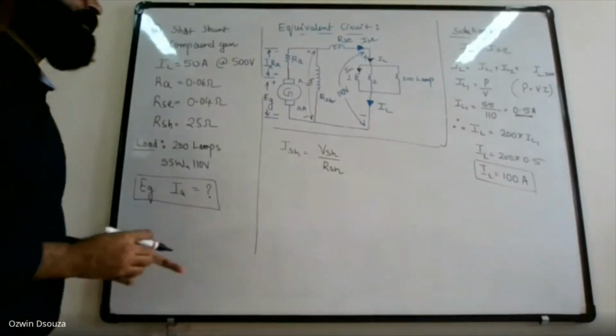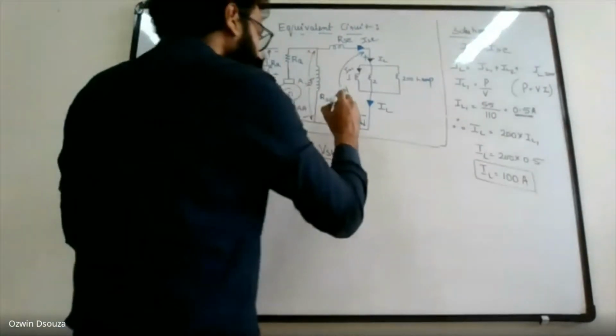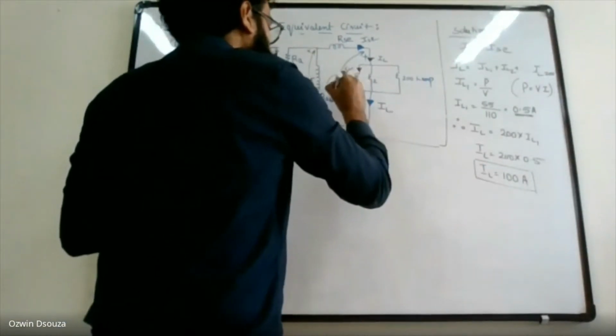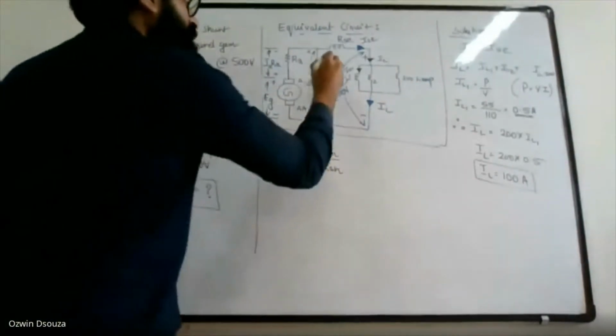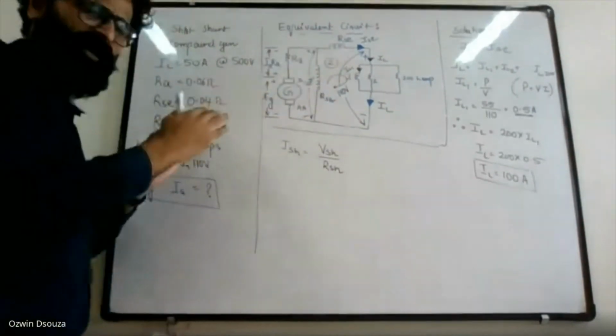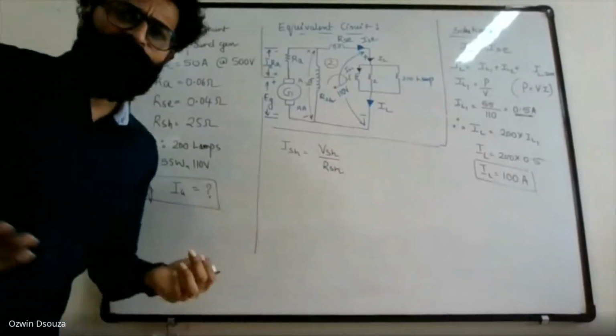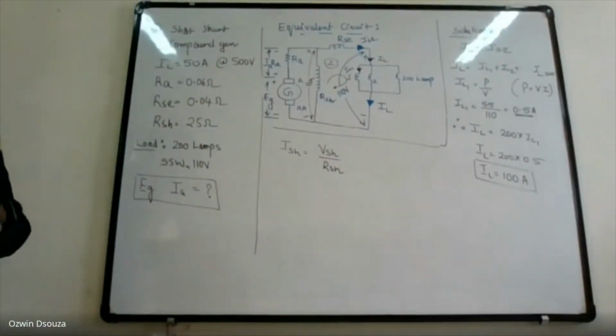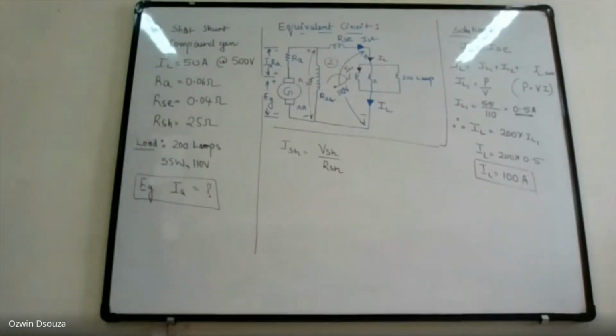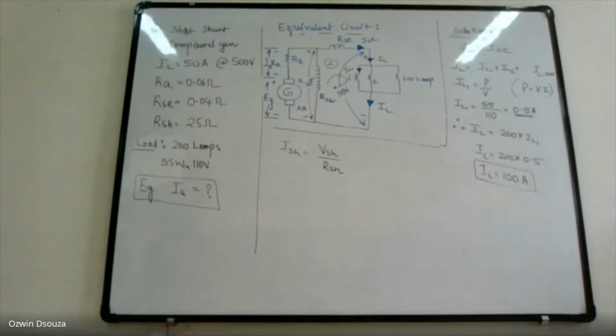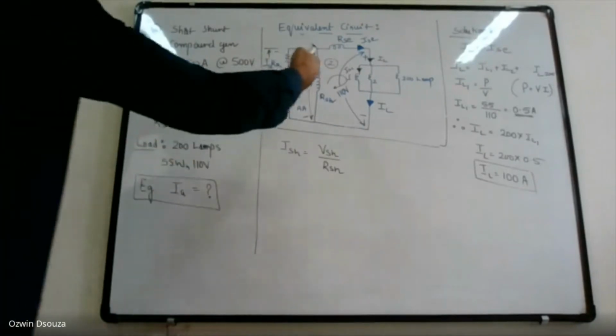To find VSH, you can apply KVL in the second loop. I have done it in the theory. You can just flip back the notes pages to understand how to write an expression for VSH. Nevertheless, I'll do it here.